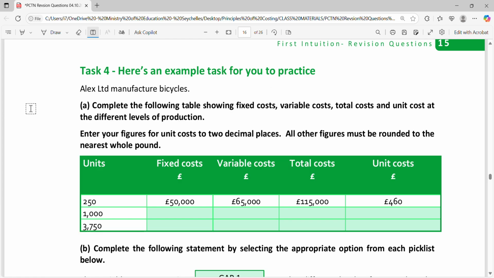Okay. I remember these ones are all in pounds.